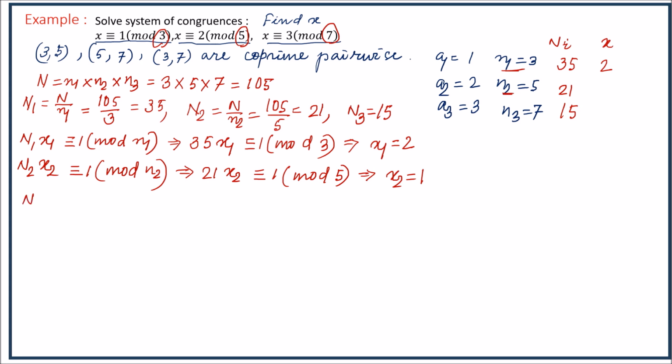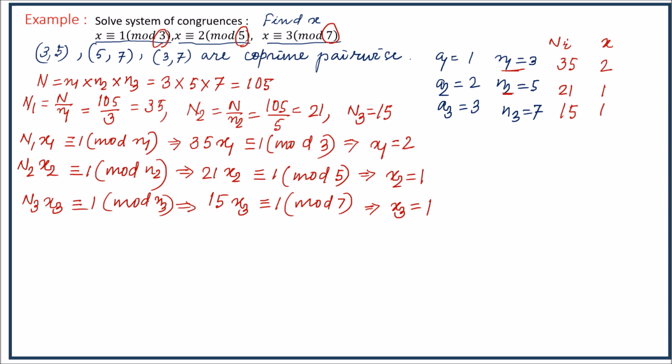And for x3, N3 x3 is congruent to 1 modulo n3. Your N3 is 15, so 15 x3 is congruent to 1 modulo 7. It's also easy to find out. 15 into 1, when divided by 7, leaves remainder 1. So x3 is also 1.